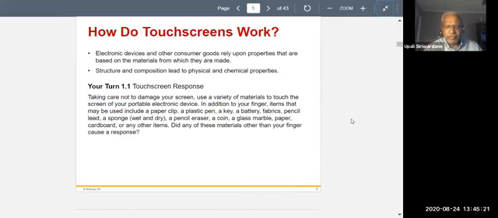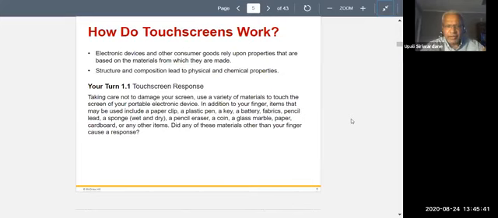Have you noticed that a touchscreen doesn't work with everything? I was trying to use my touchscreen with a regular pen or pencil. It didn't work. But my phone is a Galaxy 10. It has a stylus.